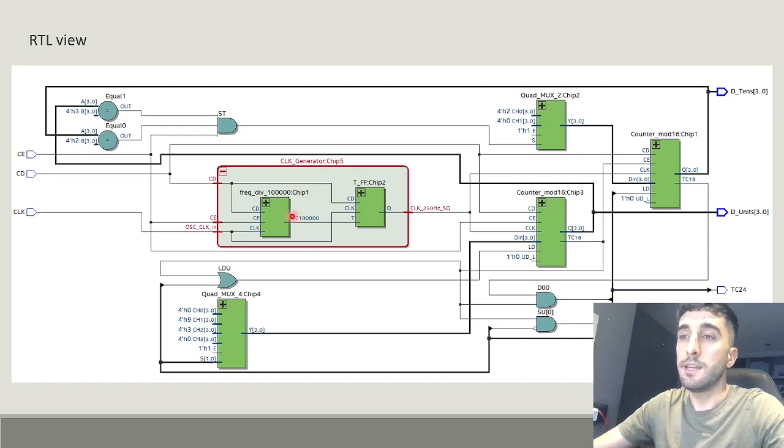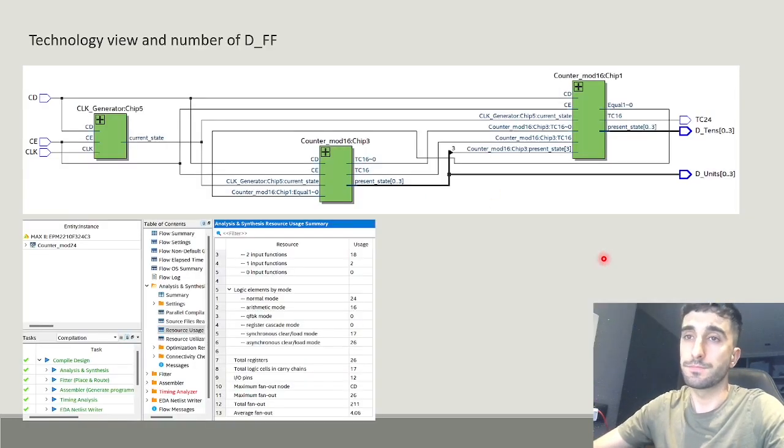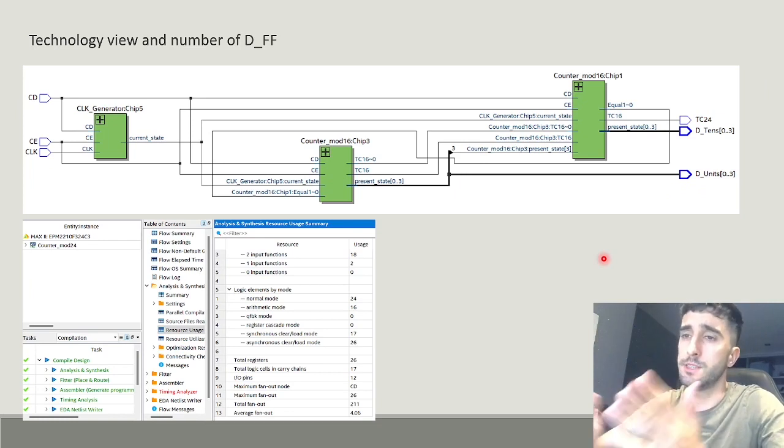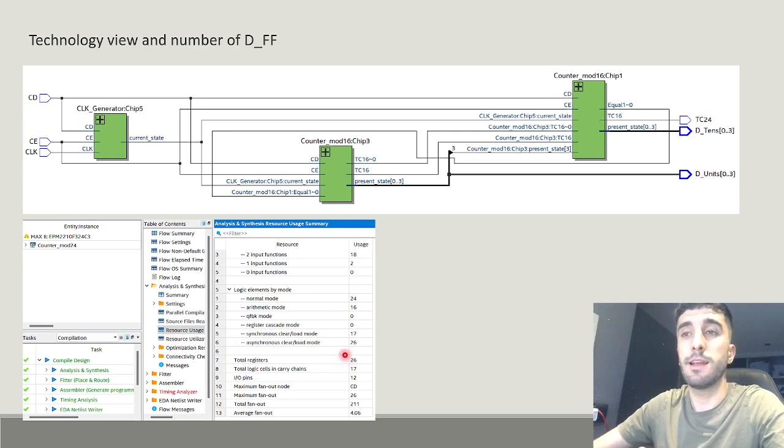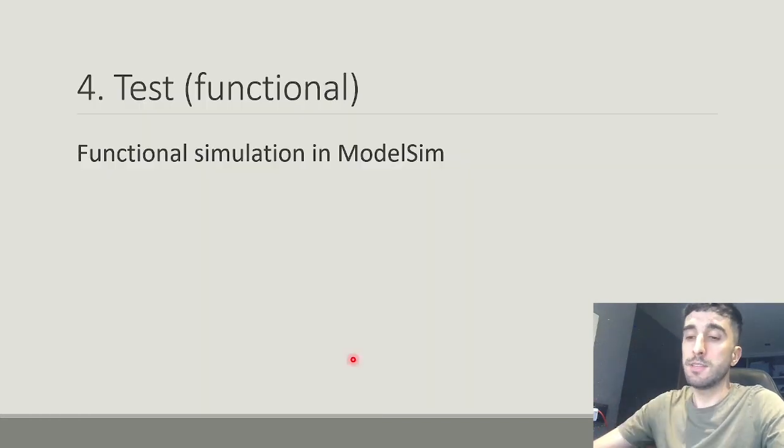I have the CLK generator connected to these signals, and that's it. So the technology view has this shape, and here we can see the number of data flip-flops that I have in this circuit, okay? Now it's time to do a functional simulation in ModelSim.